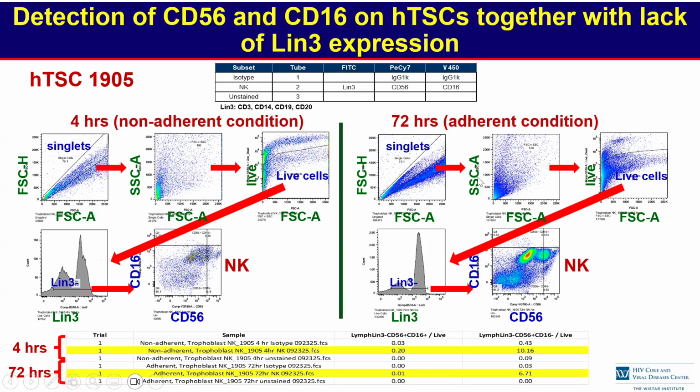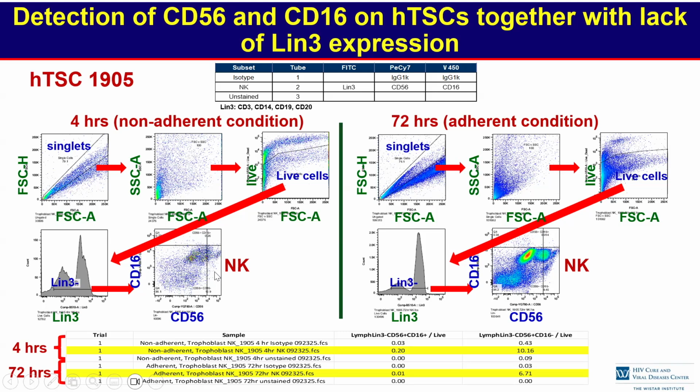We have more cells in the second option, but basically, from the live cells we go to LIN3 and everything is negative, based on the isotype and unstained conditions that we use. So we don't have any expression of CD3, CD14, 19, and 20 in the trophoblast cells, which was expected.